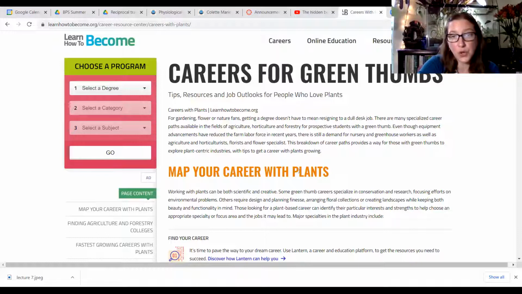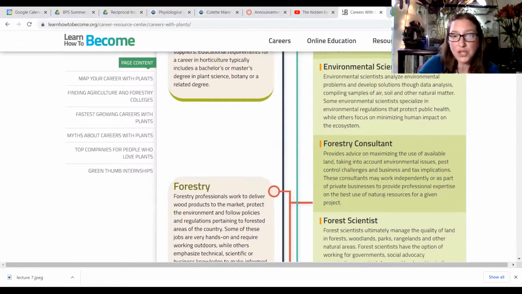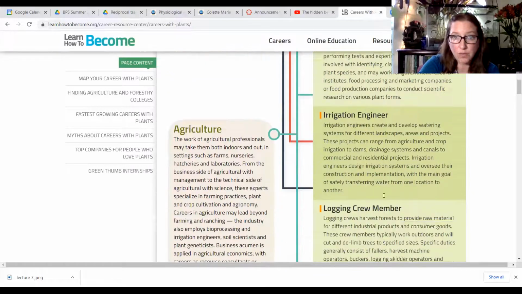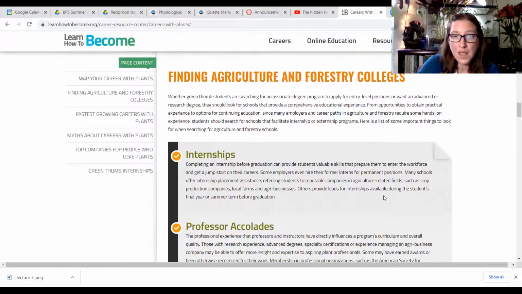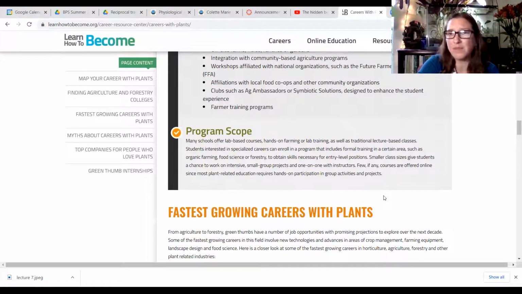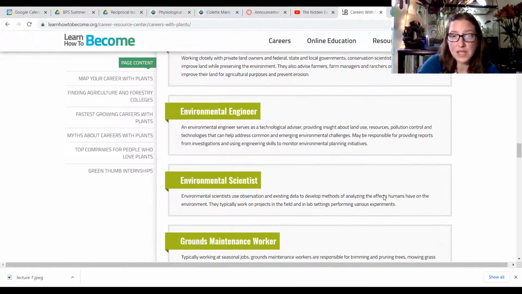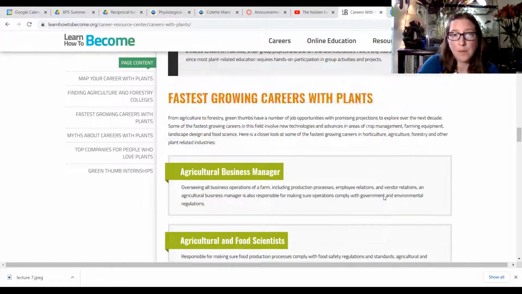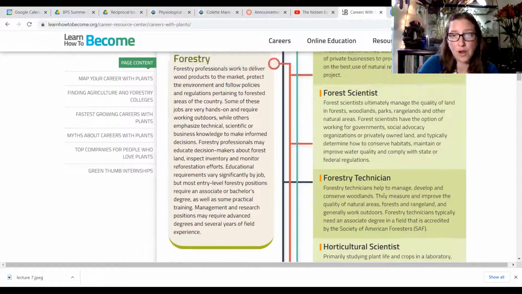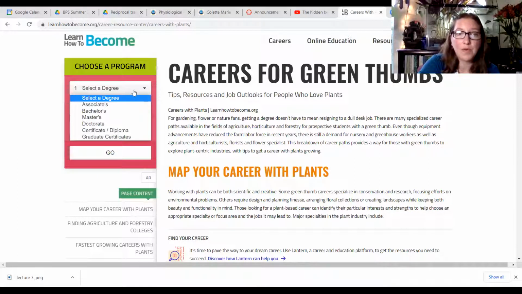So what you can do is you can go to this website and there's a lot of different information about different types of jobs working with plants. A lot of these don't require anything like grad school. Some of these things would require maybe an undergrad degree, but maybe not even working necessarily with plants. But you can select here on the left what type of degree you have.